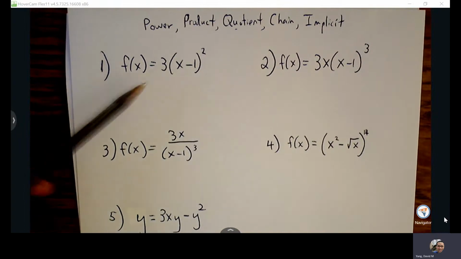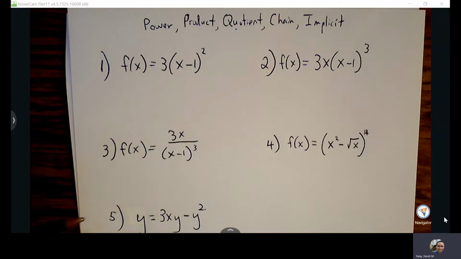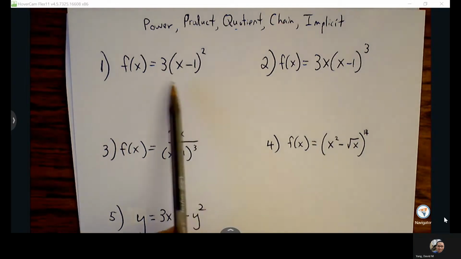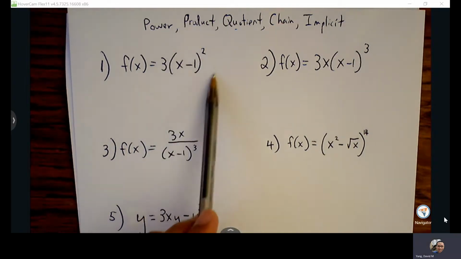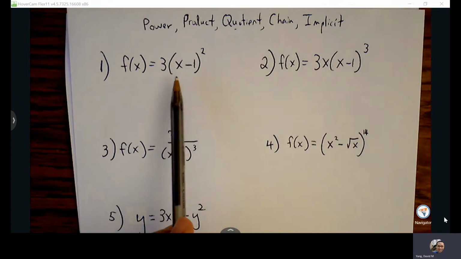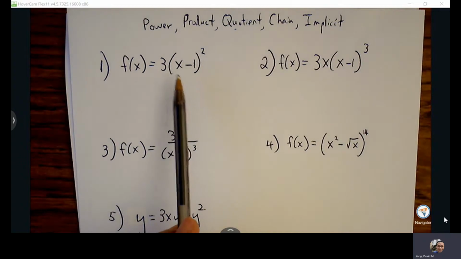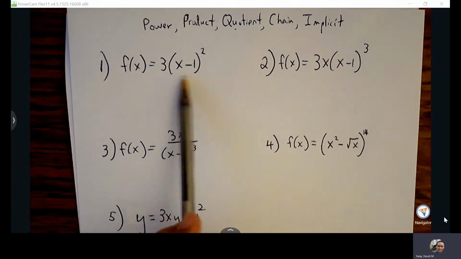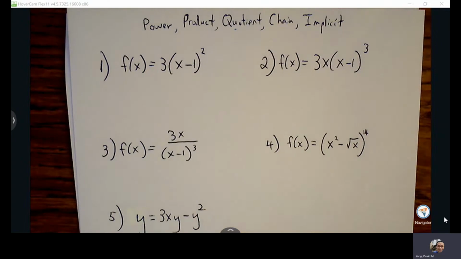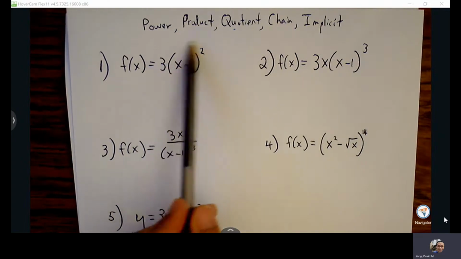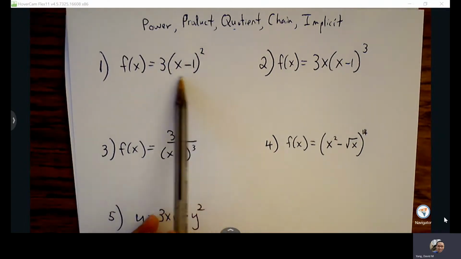Number one, what do you think is the best approach for something that's set up like this? Any idea? So we could do product. We could make this x minus 1 times x minus 1, two sets of parentheses. But I think you saw something like this on the quiz.